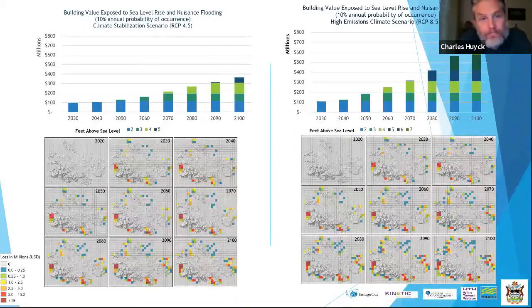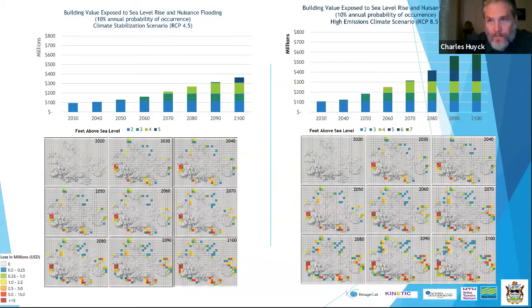More along the interests of this conference, here are the results from the separate nuisance flooding analysis we did. On the left, you've got the 4.5 RCP. On the right, you've got the 8.5 RCP. As you can see, you've got a lot of exposure anticipated just to be susceptible to sea level rise, nuisance flooding, and wave action alone.